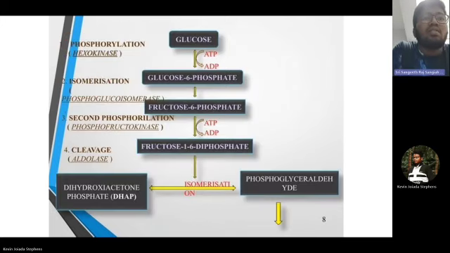Phosphorylation. Glucose is converted, with ATP going to ADP. Glucose 6-phosphate forms fructose 6-phosphate. Then it is converted, with ATP going to ADP, to fructose 1,6-diphosphate. Then it goes to isomerization.